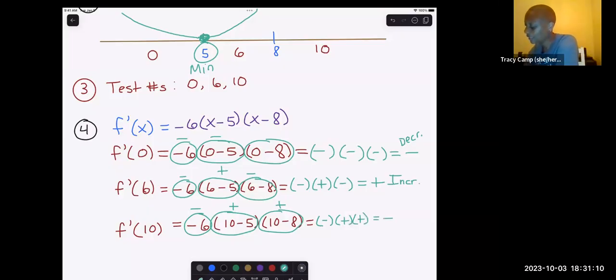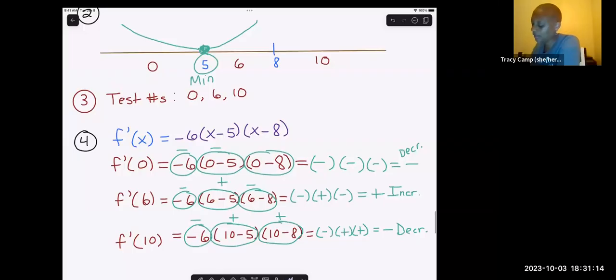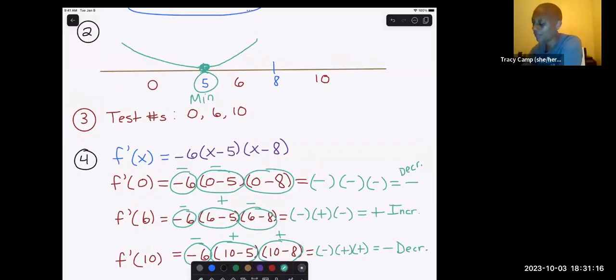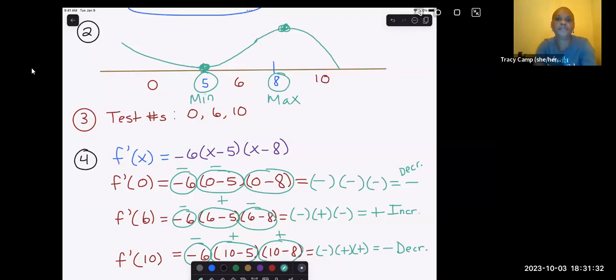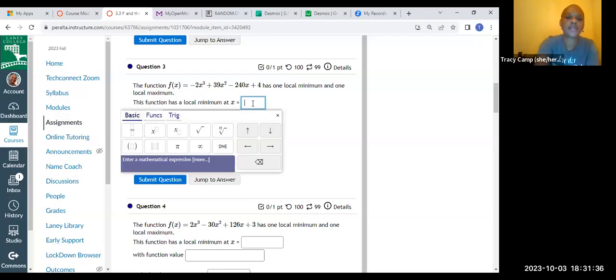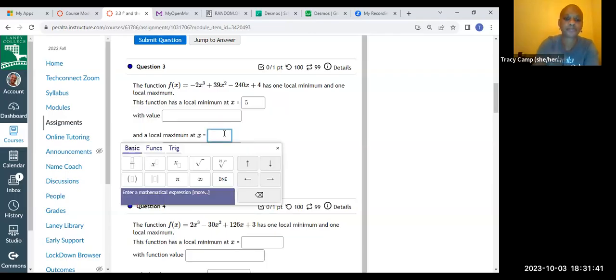So my function's decreasing here, because if the derivative's negative, the function's decreasing. So I go from increasing to decreasing, which means I have a max at 8. Look at that. A min at x equals 5, a max at x equals 8.